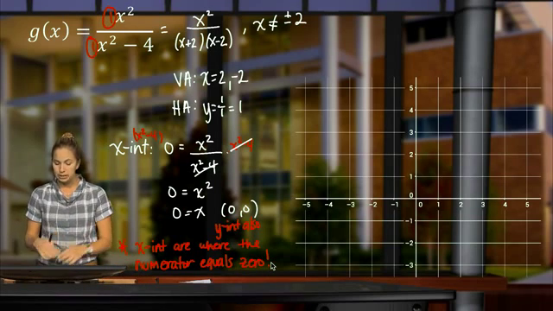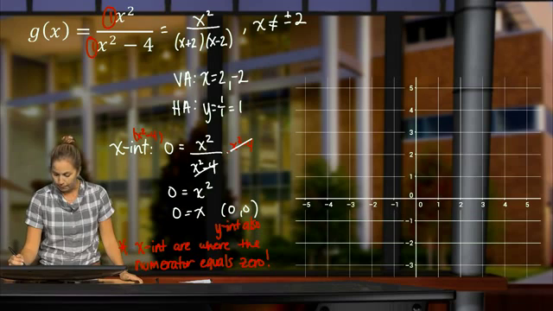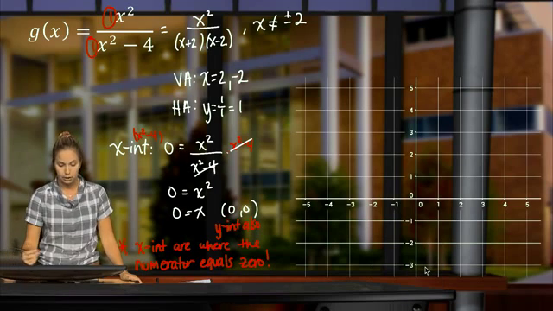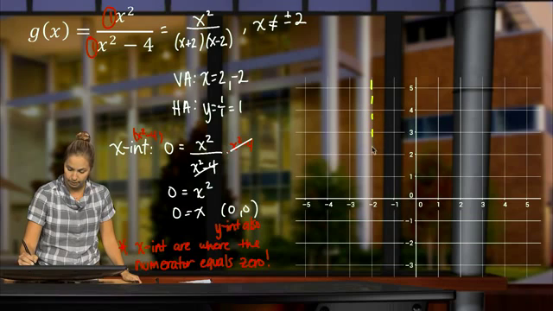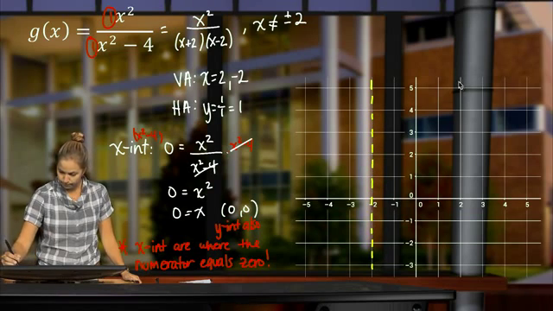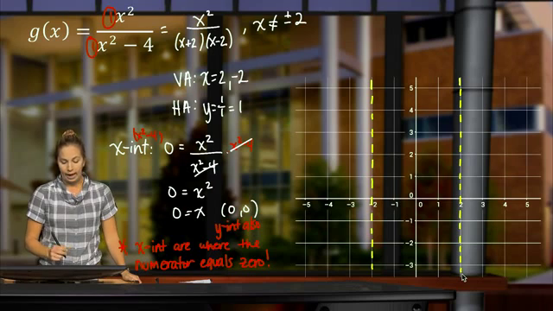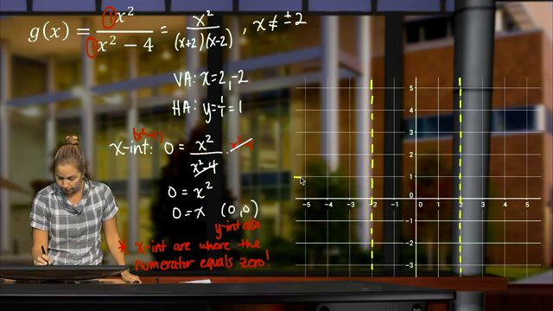All right, so let's put together what we have here. I'm going to start by graphing my asymptotes. I have vertical asymptotes at -2 and +2, and a horizontal asymptote at +1.